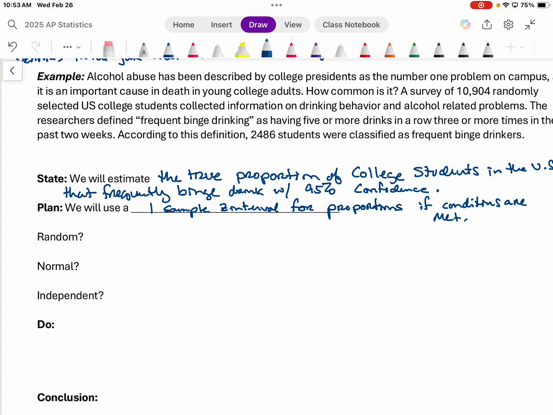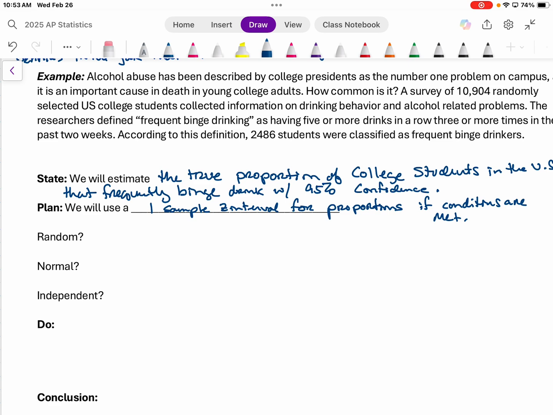I like putting that in the plan stage, because I'm getting ready to go through the conditions. I like to say, hey, I'm planning on doing this if conditions are met. And then in the do stage, I like to say conditions were met.